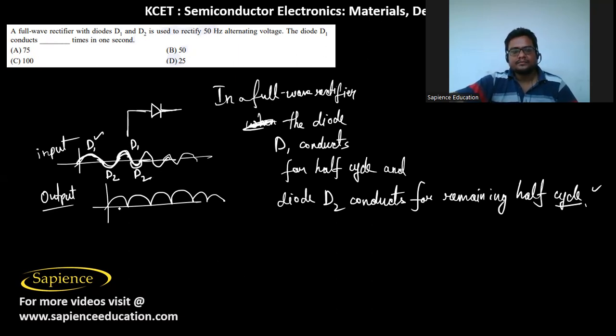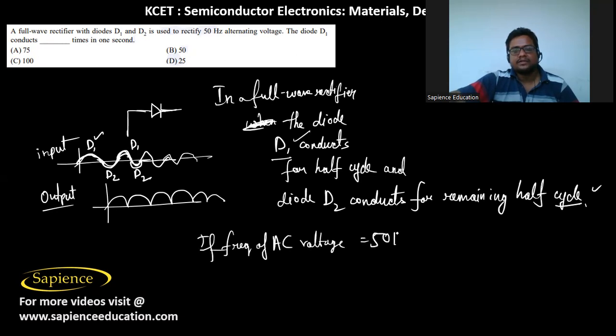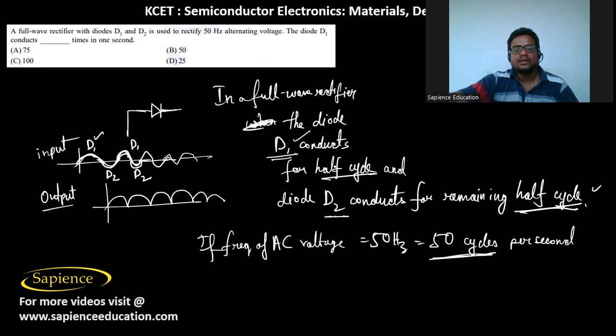So if the frequency of the AC voltage is 50 hertz, it means we have 50 cycles per second. In each cycle, in the first half D1 will conduct, and in the next half D2 will conduct.